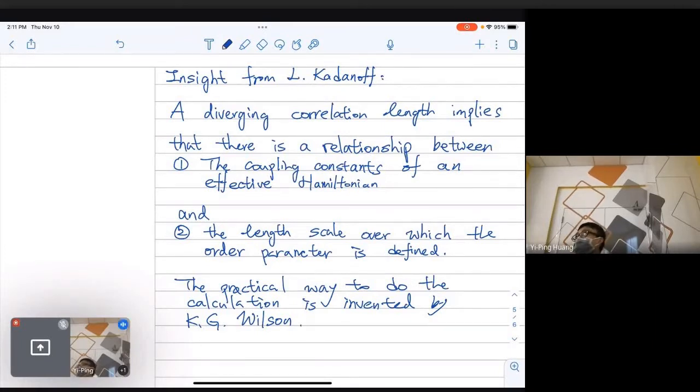And Kadanoff's answer is the concept of fixed point. So that means the idea of fixed point is very important when you are trying to understand the renormalization group. We will also describe that part when we discuss the correct formulation of the renormalization group. But now we will just dive into the initial argument given by Kadanoff.